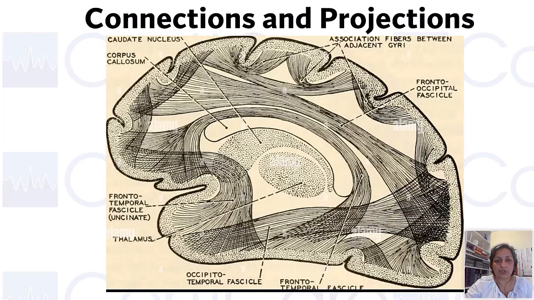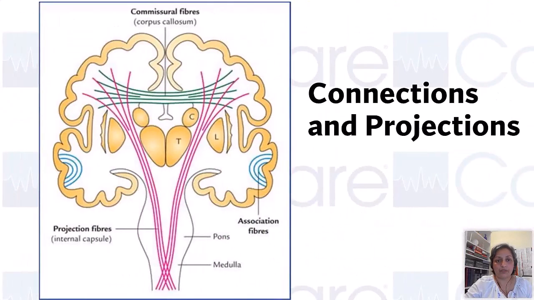There are quite thick projections from the temporal to the frontal lobe, not just the medial or posterior aspect of the temporal lobe, but also the anterior part of the frontal lobe is connected to the temporal lobe. The thalamus, the deeper areas of the brain, also sends projections to the frontal lobe. This is just another colorful cartoon to show you the anterior, posterior, and lateral hemispheric connections of the frontal lobe.